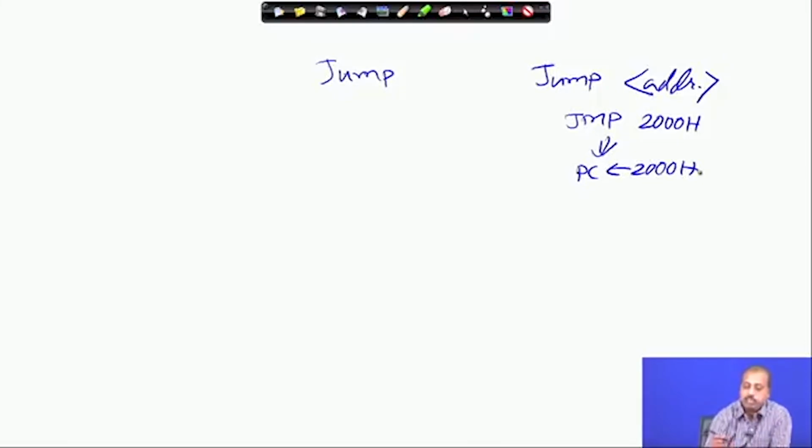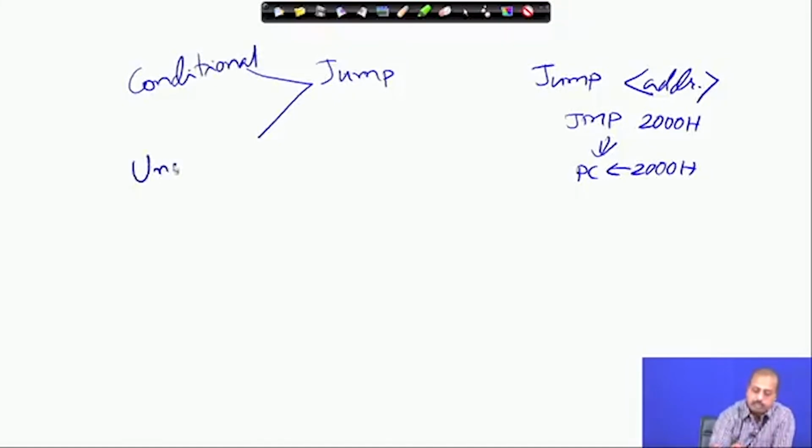Jumps can have different types of classification. One classification is by functionality: conditional jump versus unconditional jump.